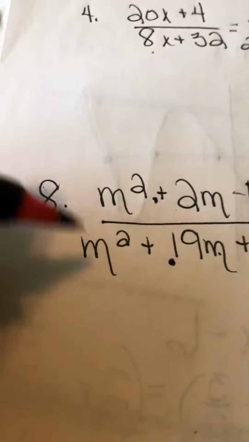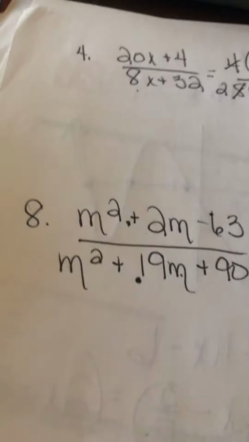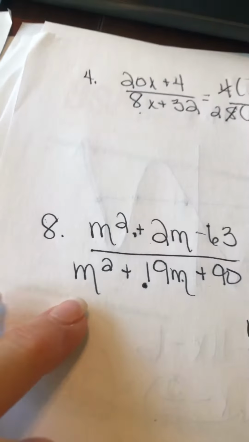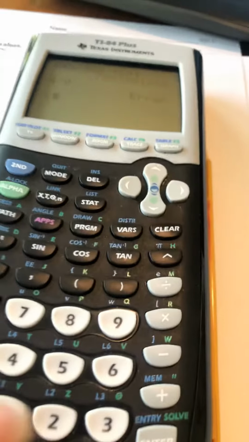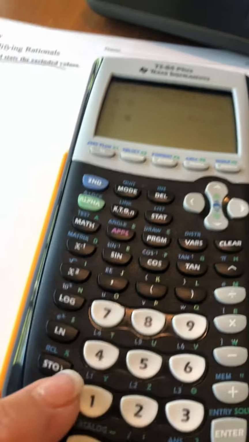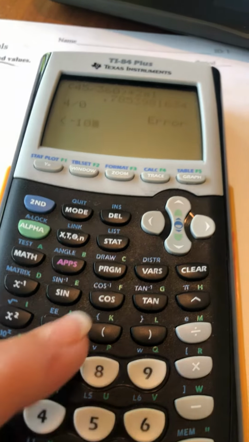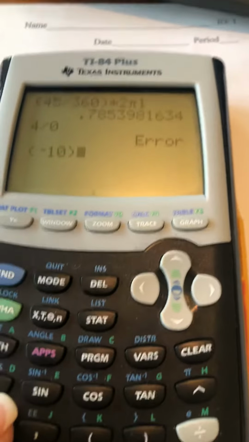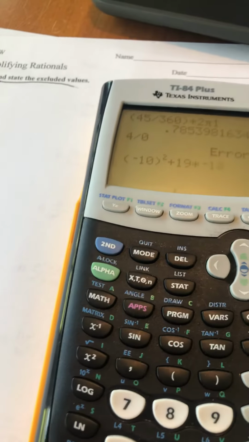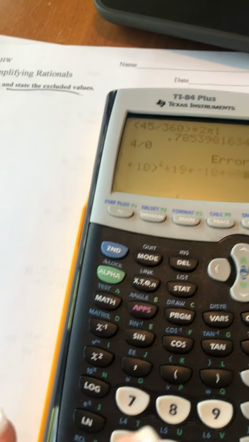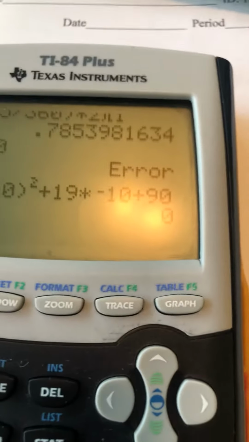If we plug these into the denominator, let's start with negative 10. What happens if I do that? I'm just going to type into my calculator negative 10 squared plus 19 times negative 10 plus 90 and hit enter, and you see it's 0.